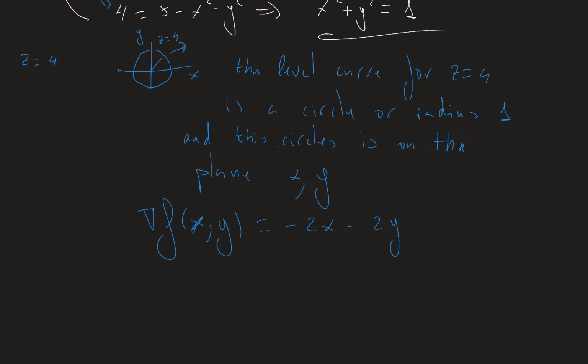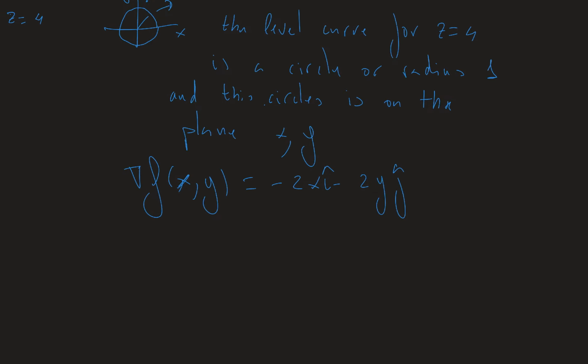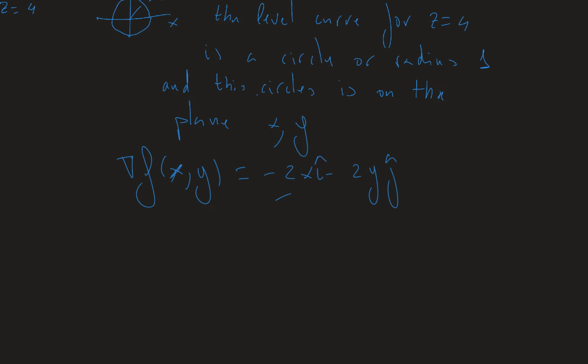And the gradient is a vector, ij, that is pointing in the direction where the function increases at maximum. So if you see the picture, you see that this vector, minus 2x minus 2y, let's write it in the plane xy. This is the circle, and the gradient, wherever you place it, is pointing in this direction.